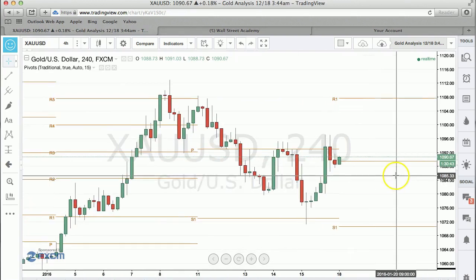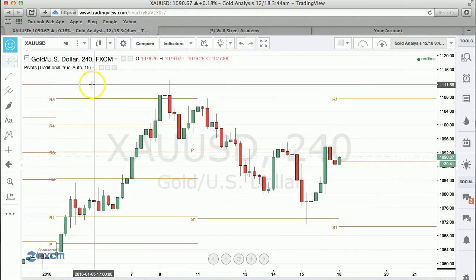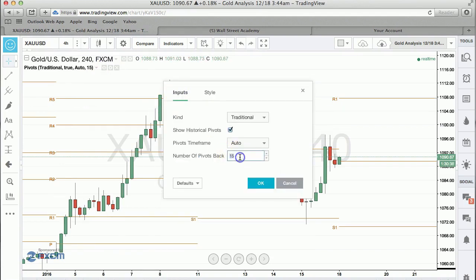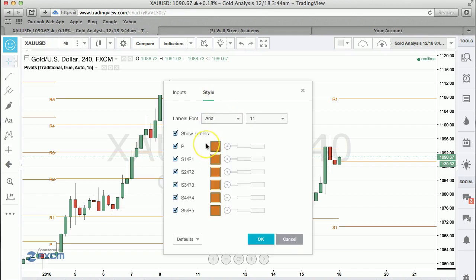Now, I don't need to see 15 weeks worth of pivots, so I like to change the 15 to 5. I also like my lines to be a little bit more visible, so I make them larger by doing this. You'll notice the lines enlarge.